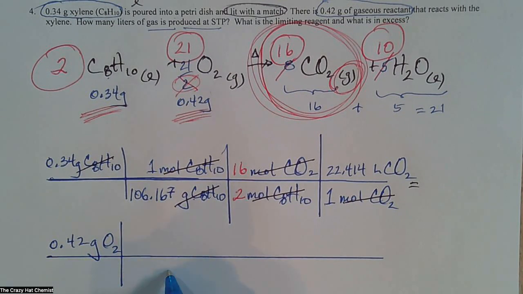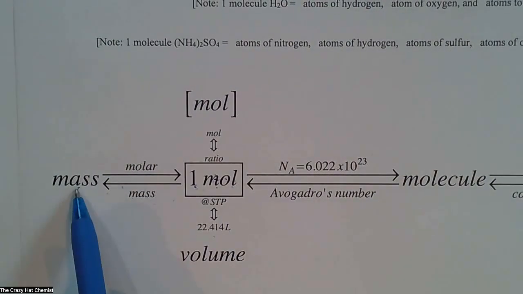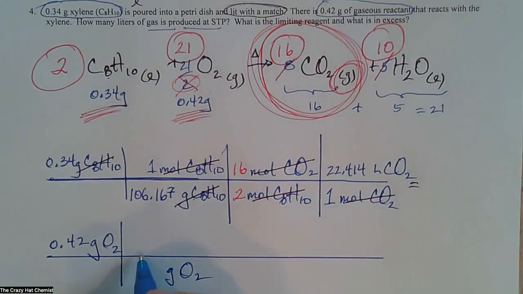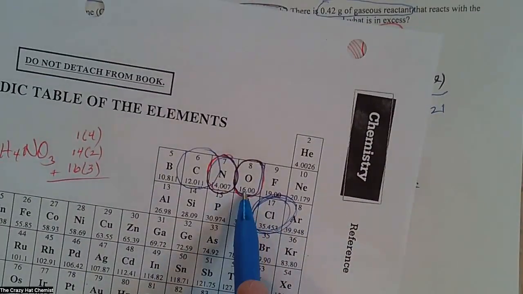And so therefore down here in the denominator goes grams of O2. And we are going to use our flowchart. We're going from grams to moles, and we're using the molar mass. And so we're going to have moles of O2, and that's 1 mole, and then we're going to use the molar mass for oxygen. On the periodic table, oxygen is 16.00.